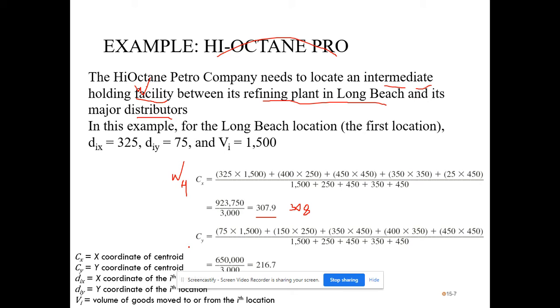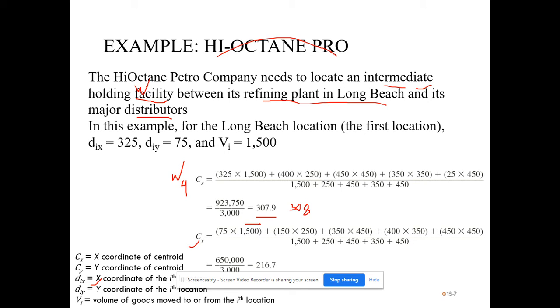Similarly, the y coordinate is the y coordinate of the ith location multiplied by the volume. So normally you will ask me what is this volume shift between.